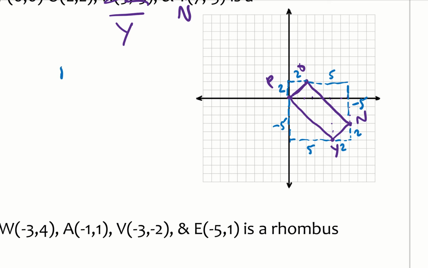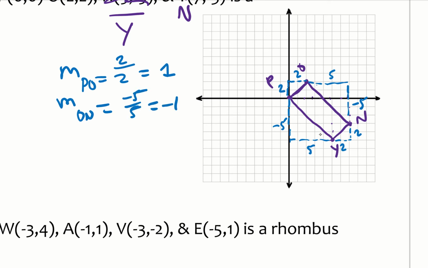All right, so now let's go ahead and do the slopes. The slope of PO is rise over run, so rise of 2, run of 2, which is 1. The slope of ON is rise over run, negative 5 over 5, which is negative 1. The slope of NY is going up 2 over 2, which is 1.